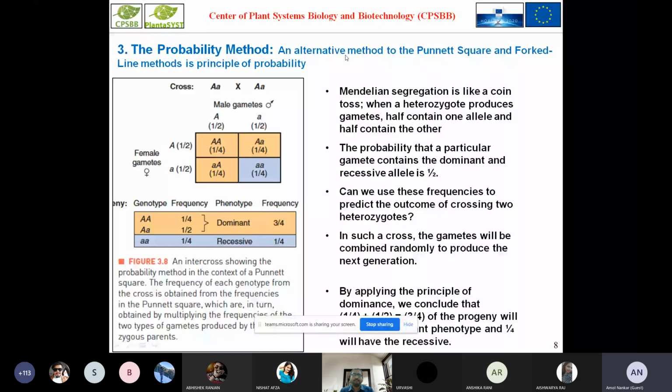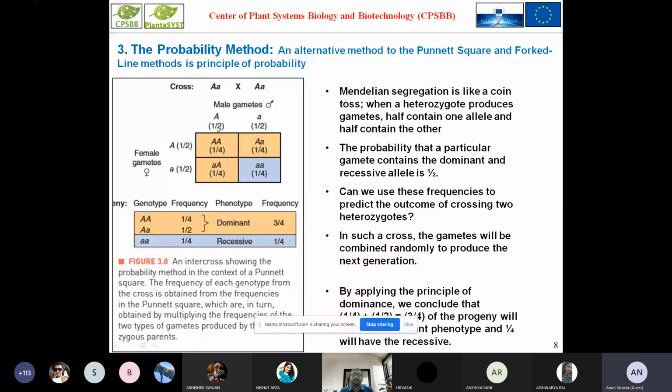It's like when you toss a coin, your outcome is always going to be one half, and Mendelian segregation ratios are the same. So when you produce your heterozygous gametes, for example here, we are crossing this heterozygous genotype with a heterozygous genotype. We are intercrossing F1 into F1 and then obtaining a gamete after fertilization.